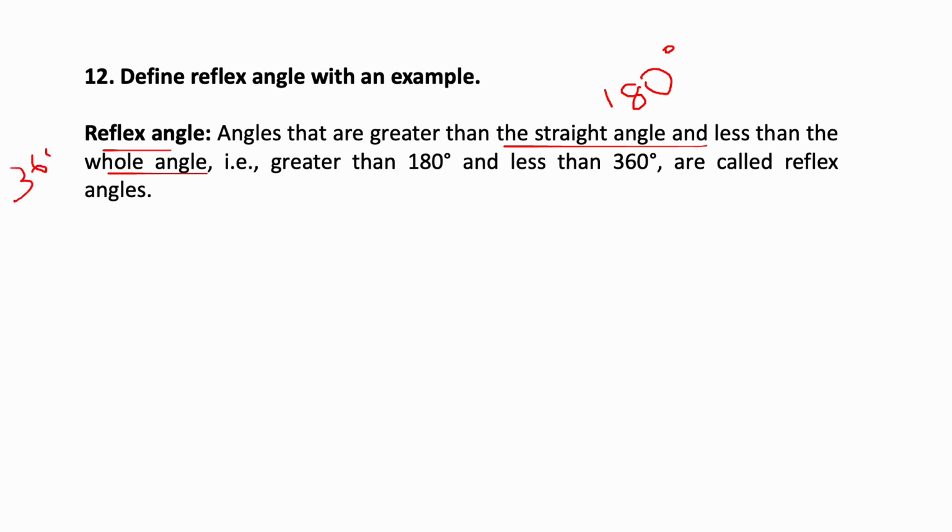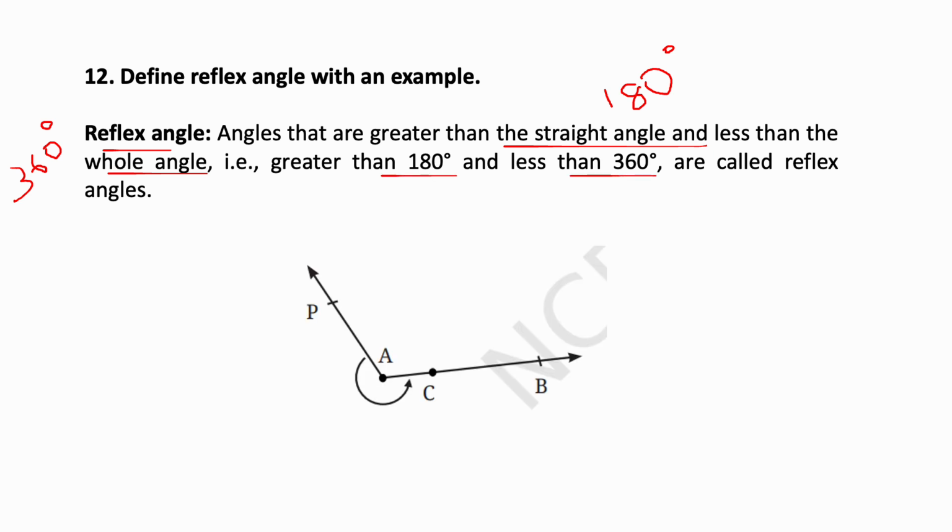See, this is 360 degree. So, angles that are greater than 180 degree and less than 360 degree are called reflex angles. See, this is an example of a reflex angle. See this angle. This is more than 180 degree but less than 360 degree.